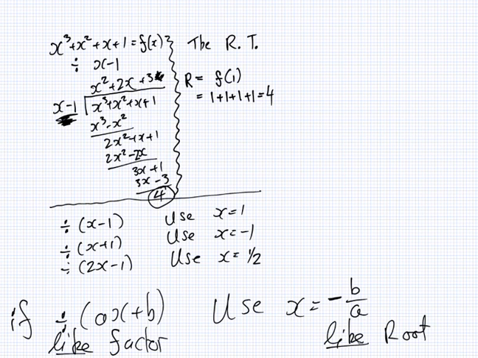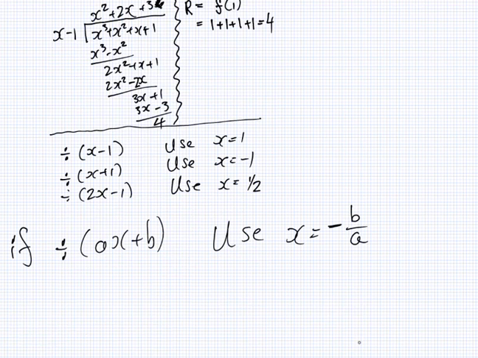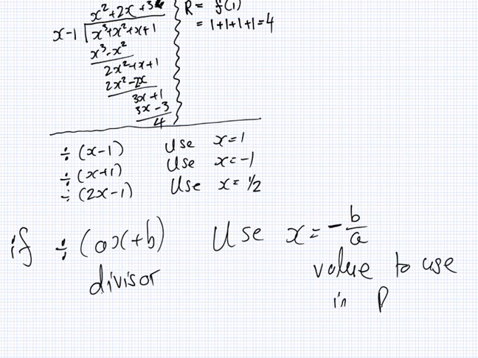I suppose really maybe I should say, if this is the divisor, this is the value you need to use for x. Value of x to use in the remainder theorem.